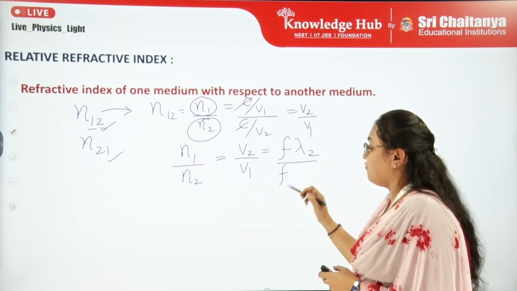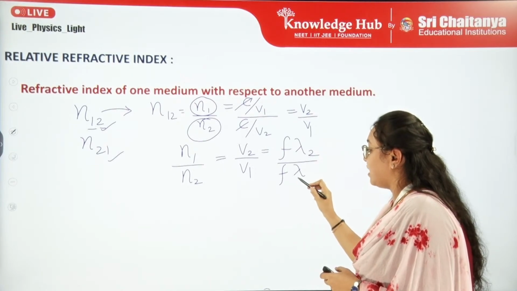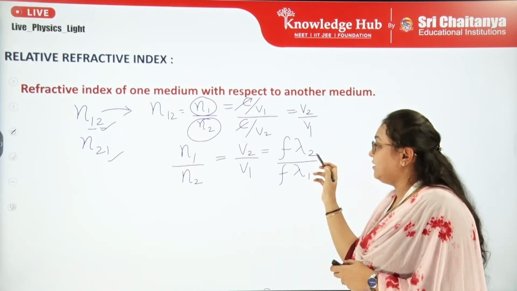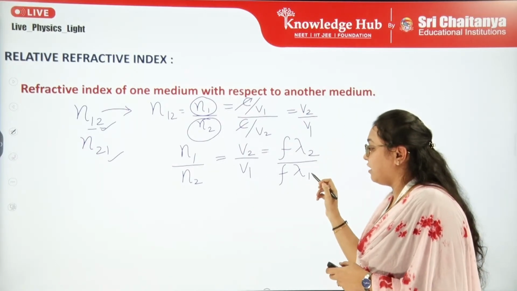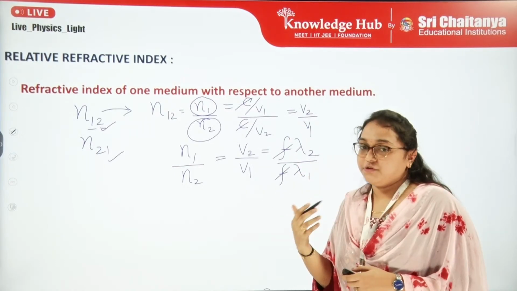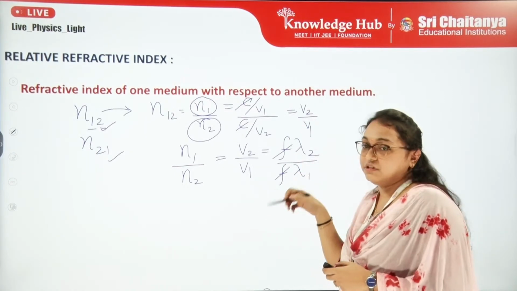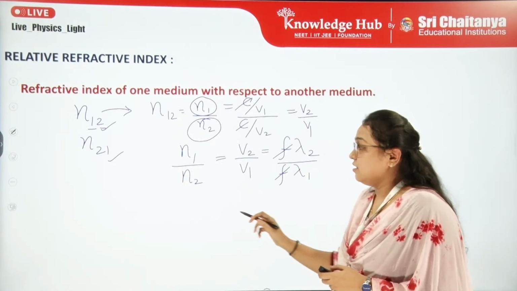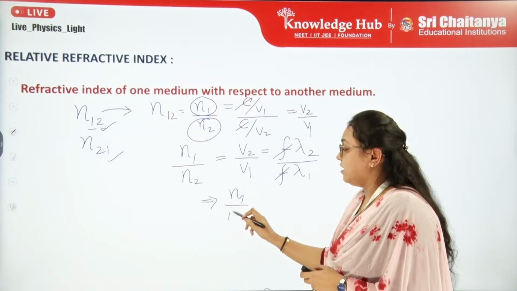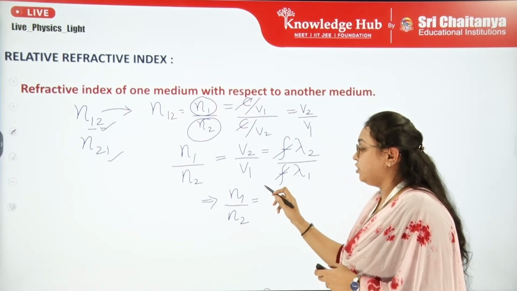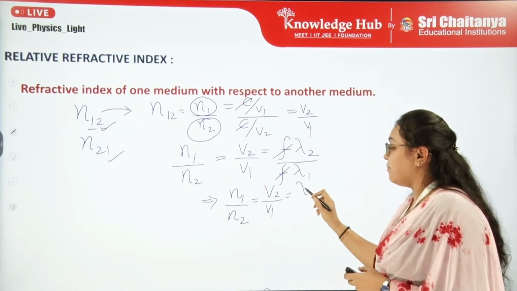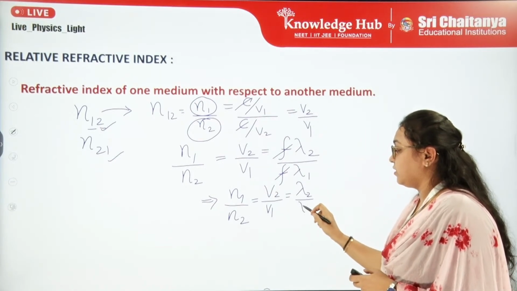So this is the wavelength of light in medium 2 and this is the wavelength of light in medium 1. Frequency depends upon the source which is producing light, so it will be the same in both the media. So f gets cancelled. So finally N1 by N2 is equal to V2 by V1, and that is equal to lambda 2 by lambda 1.